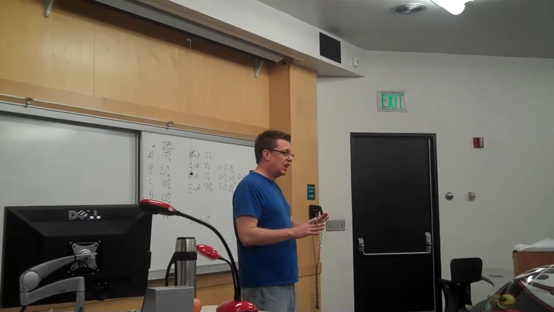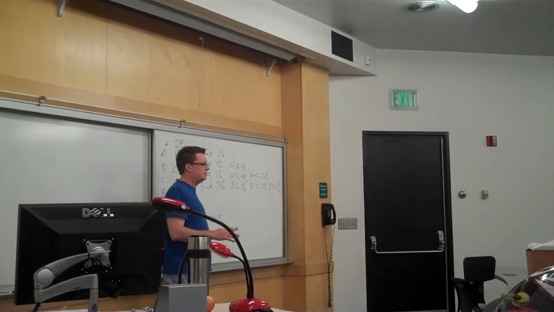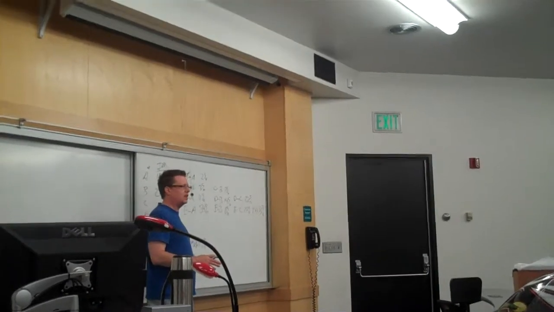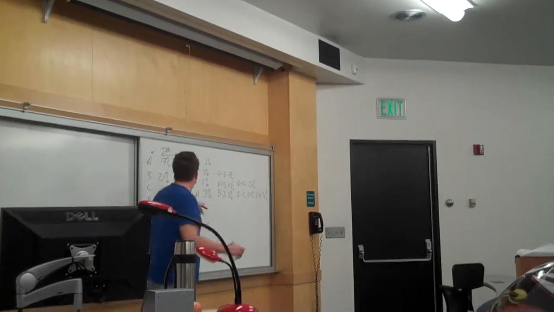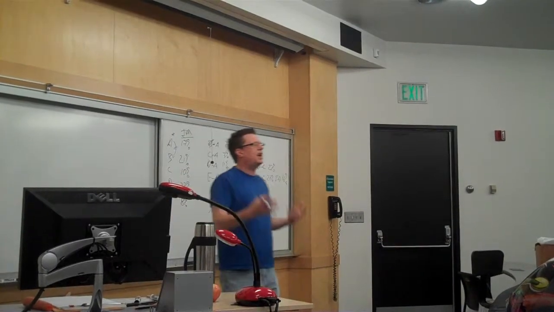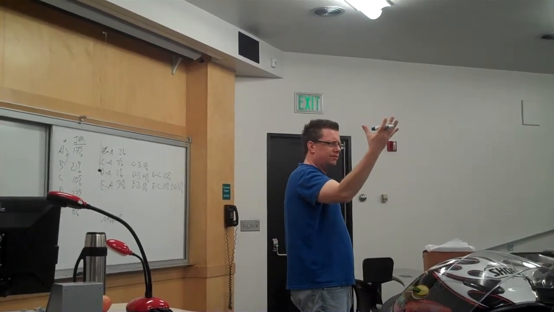Alternately, I could take the extra cash, throw it in the minimum acceptable rate of return account, and get 7. So do you want to get 2 on the extra cash, or do you want to get 7 on the extra cash? 7. So clearly, this jump right here, you don't do it. B's bad. So you made this A versus B comparison, and what you did is you threw out B, and you said A is great still.